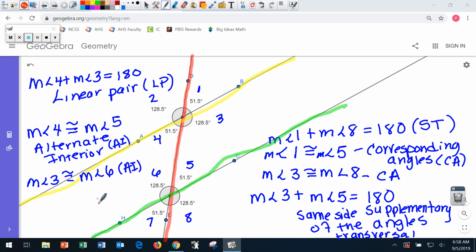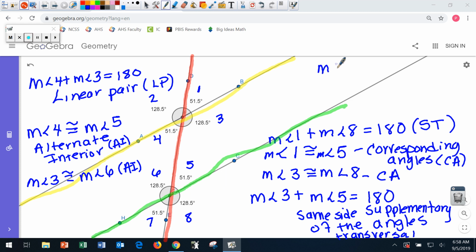Okay, now let's go to the outside of the parallel lines. If you see 2, it's the same thing as 8, and they are on alternate sides of the transversal, the red line going down the middle. So 2 and 8 are also congruent.